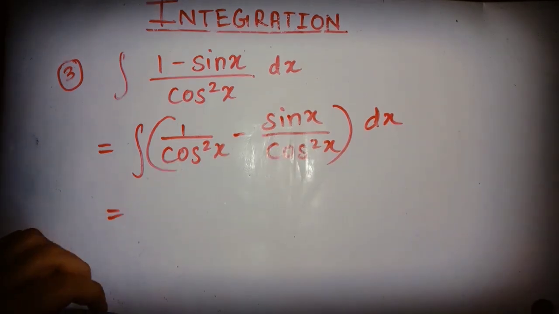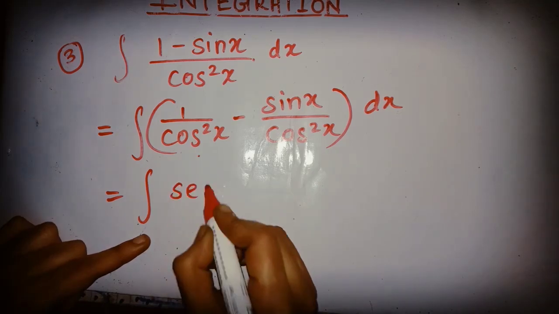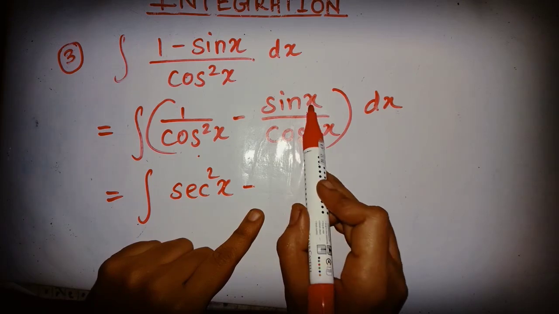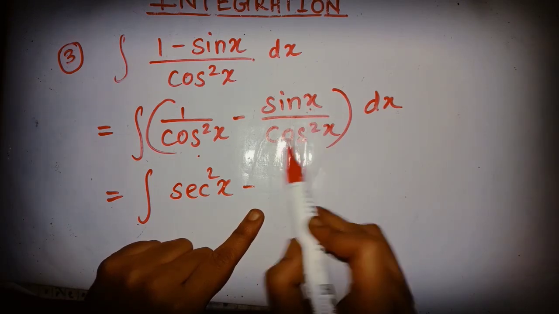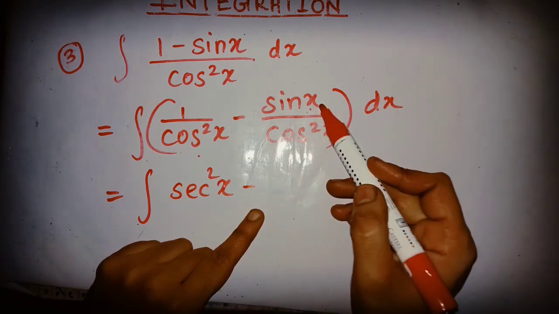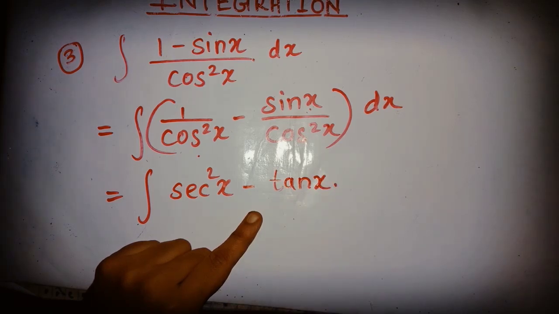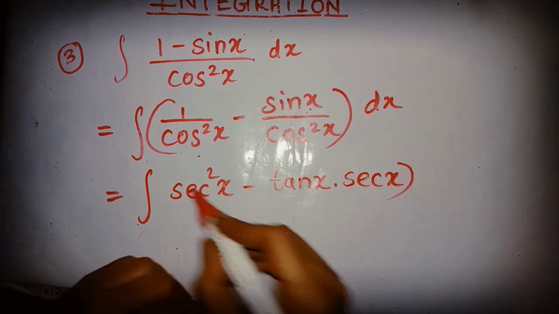So 1 upon cos square x you can write as sec square x, and for the second term you can split cos square x into cos x into cos x. So sin x upon cos x becomes tan x, and one more cos x is there, which is 1 upon cos x, so you can write it as sec x.